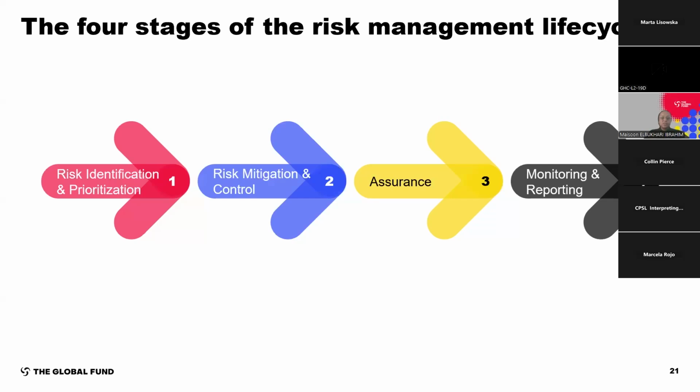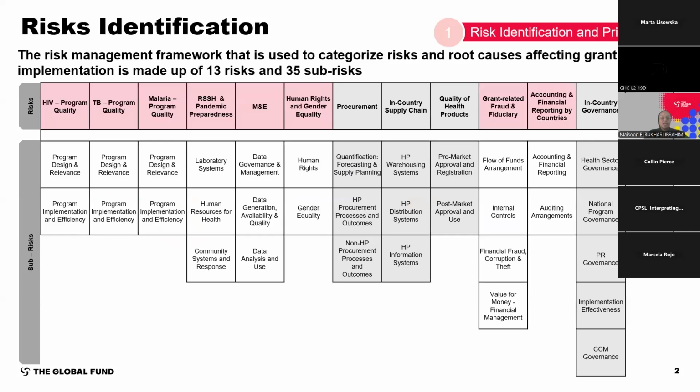So let's start with risk identification. In the context of the Global Fund grants, we prioritize 13 country-facing risks. And you see those at the top of the slide.